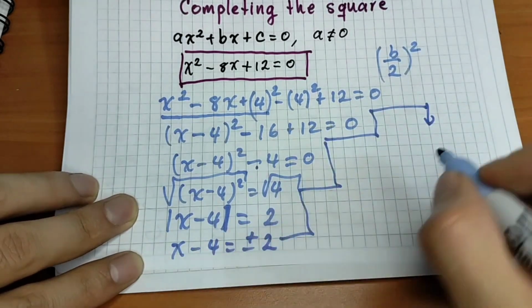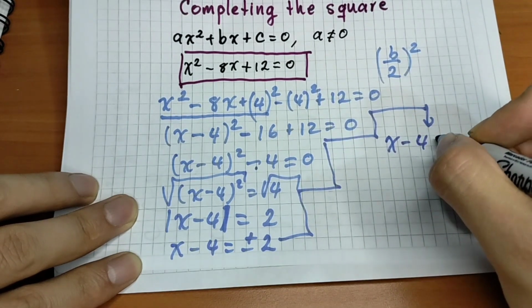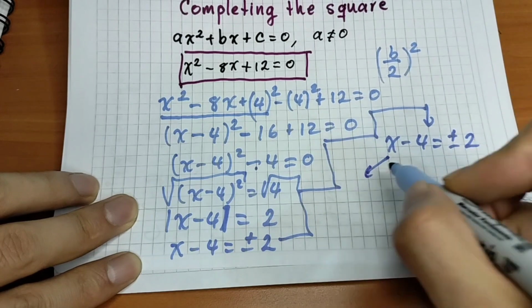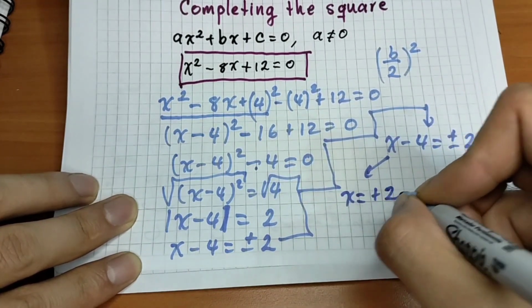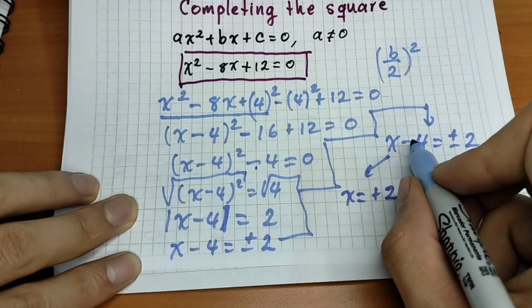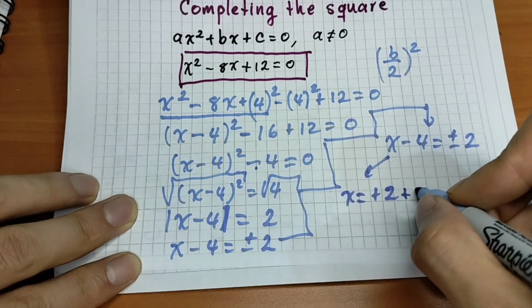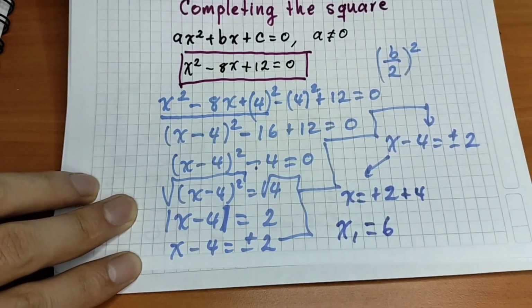So now I am writing again the original expression, x minus 4 is equal to positive or negative 2. I will have two solutions. In the first solution, I am using the positive version of the 2 that I have here, and the minus 4 passes to the other side, so plus 4, and this means that x1 is equal to 6.